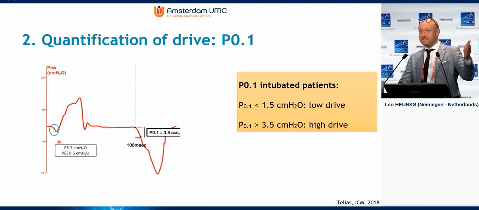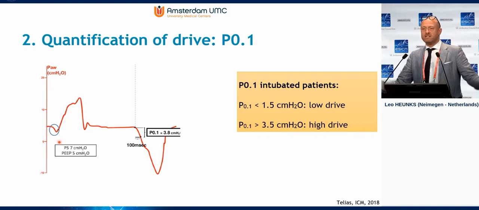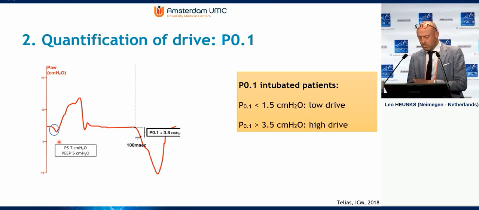So on your ventilator, basically breath by breath, you have an estimation of the respiratory drive. To give you a little bit of an idea, if the patient has a P0.1 less than 1.5 centimeters of water, this patient probably has a low drive, while if the P0.1 is higher than 3.5, drive is probably high. So I think this is at least a very good screening method.